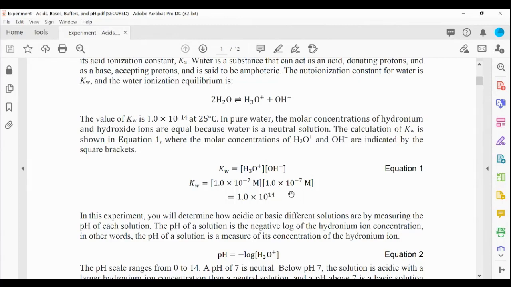And because when the water dissociates it gives the same amount of hydronium and hydroxide, when the concentration of hydronium ions equals the concentration of hydroxide ions, we say that the solution is neutral.